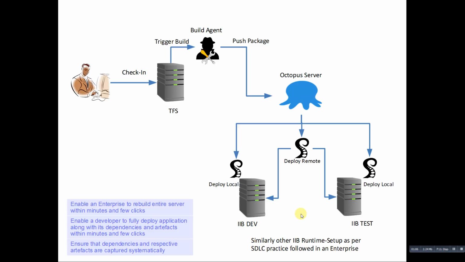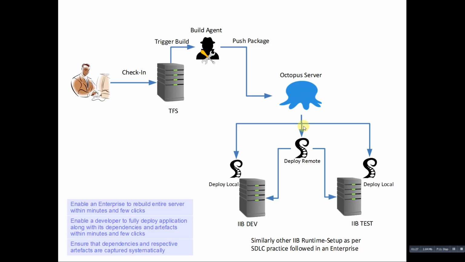The life cycle could be configured in such a way that it just deploys automatically for, say, dev phase onto the dev box, but for other phases it doesn't automatically deploy. So that can be configured on Octopus.